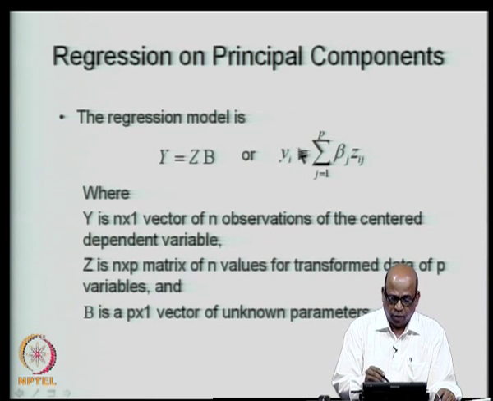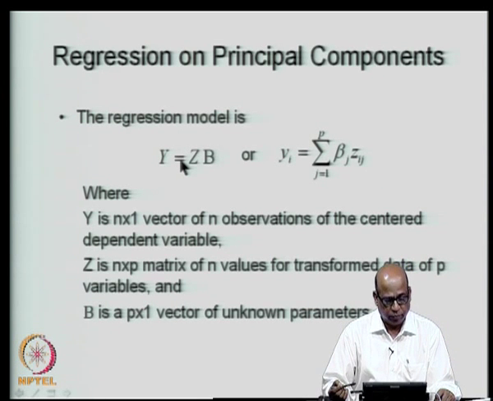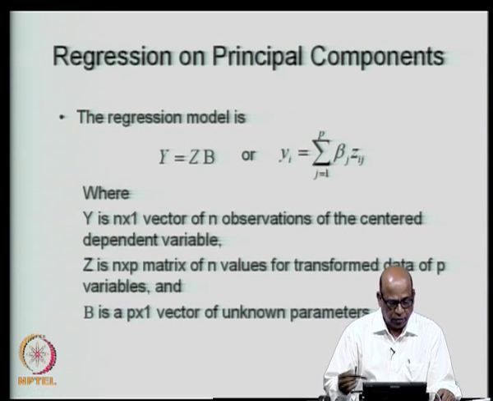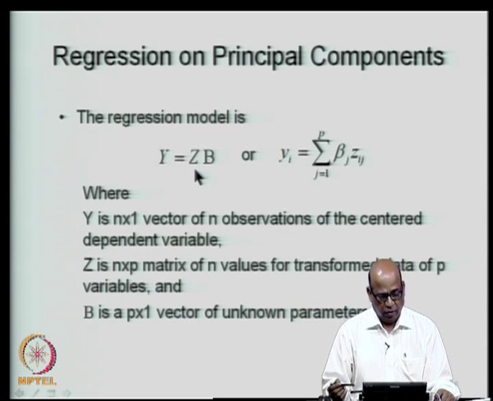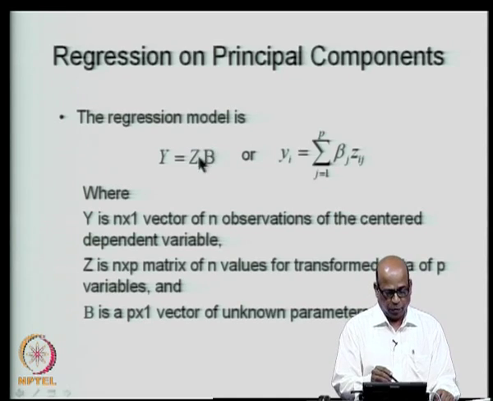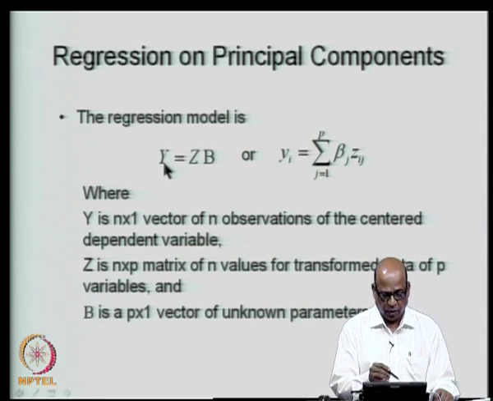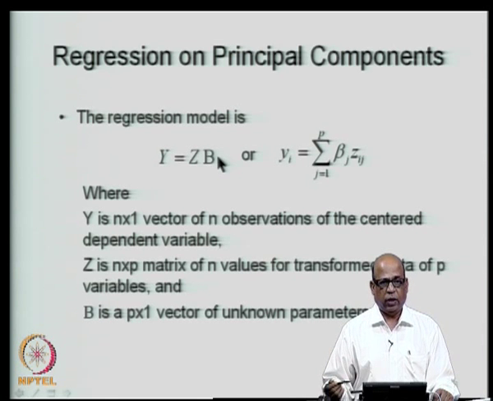Now, in the scalar form it is written as y i is equal to summation over j is equal to 1 to p of beta j z i j. This is a scalar form of this matrix form. So, essentially we solve this now and then obtain beta. Z is known, y is the observed values of the dependent variable, and therefore, we can obtain B, the matrix B.